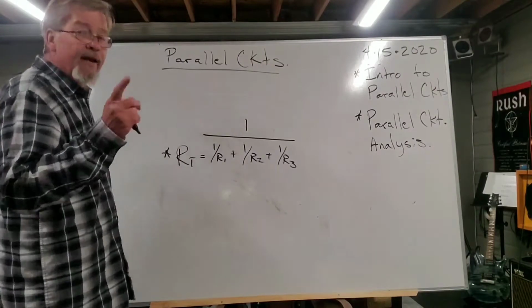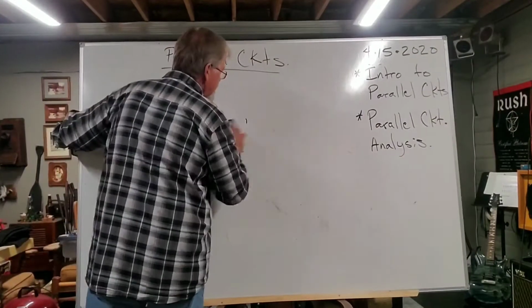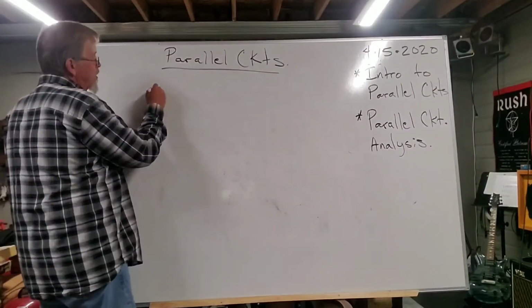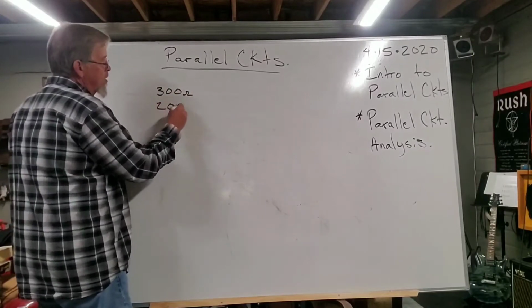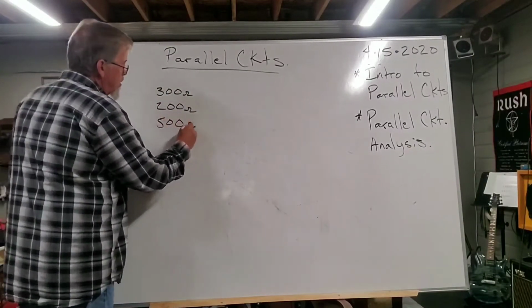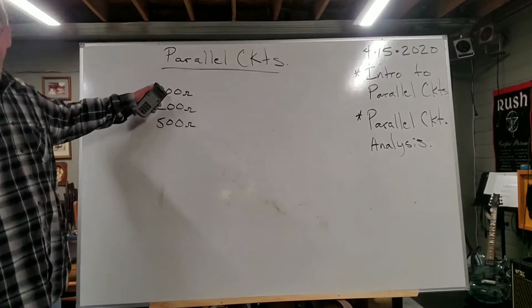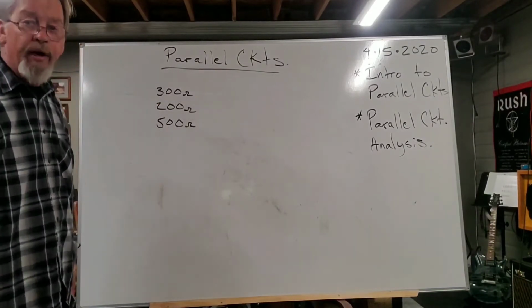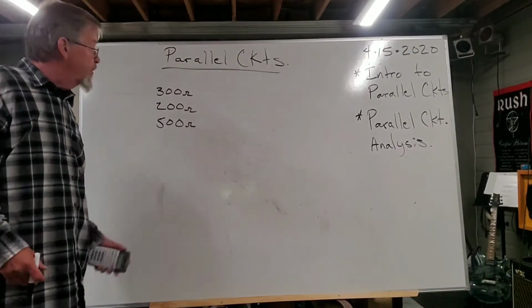Okay? So let's say we have these resistance values, a 300, a 200, and a 500 ohm resistor in parallel. This would be the key sequence in order to find the total resistance.